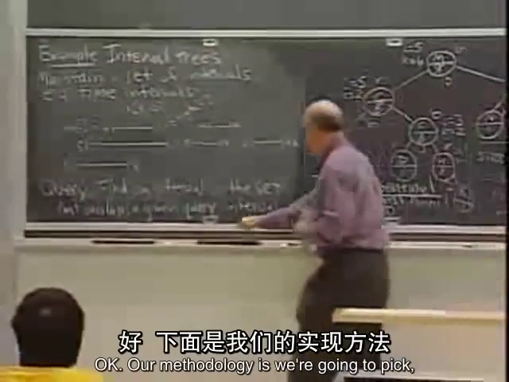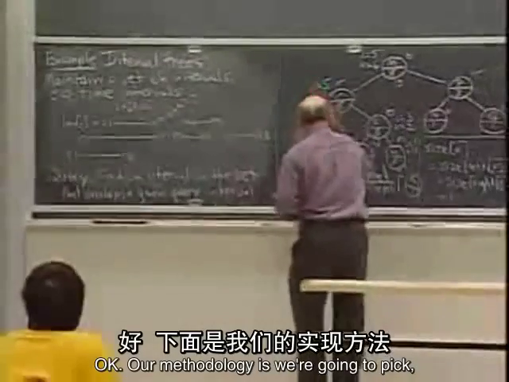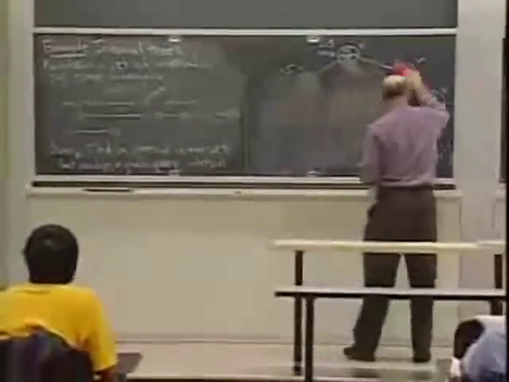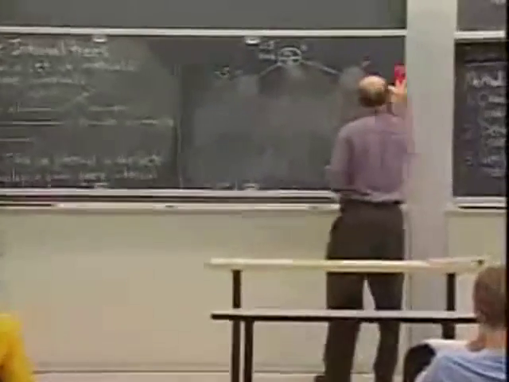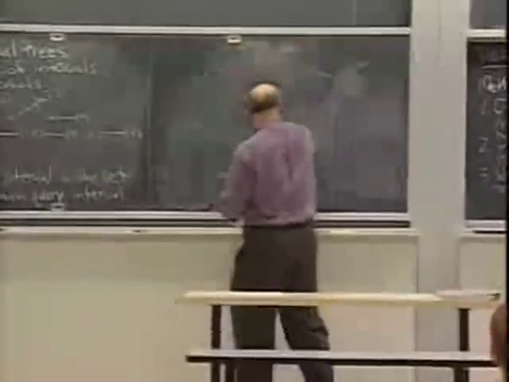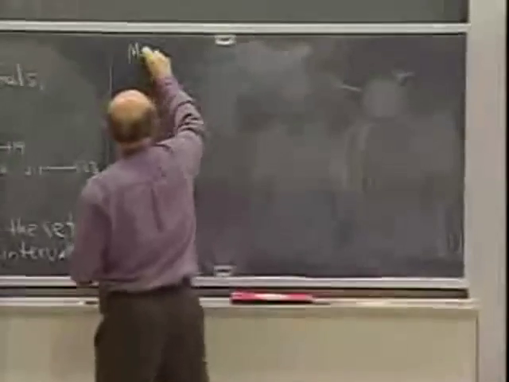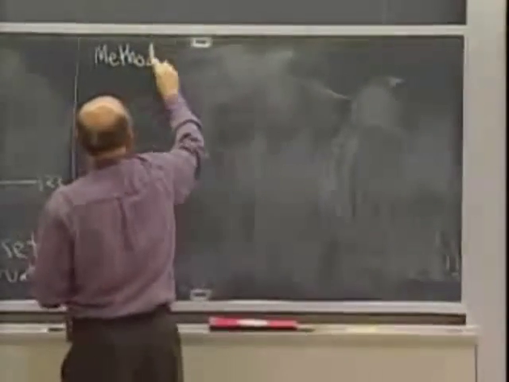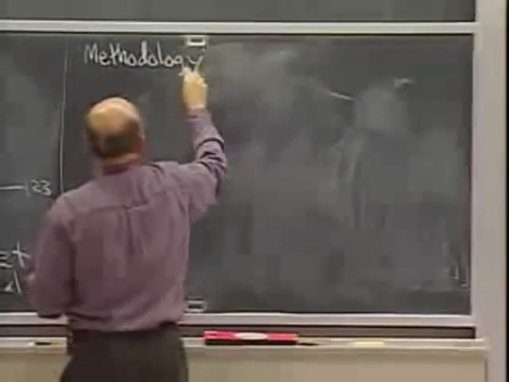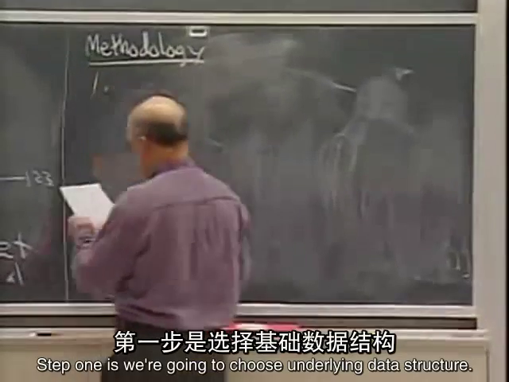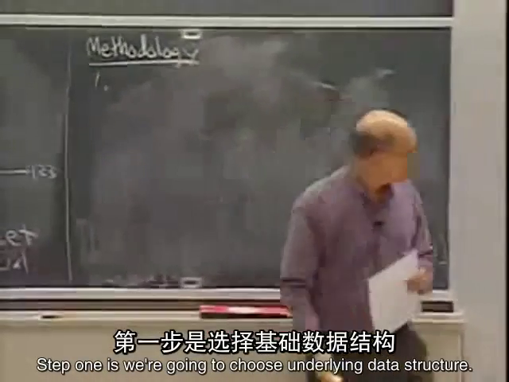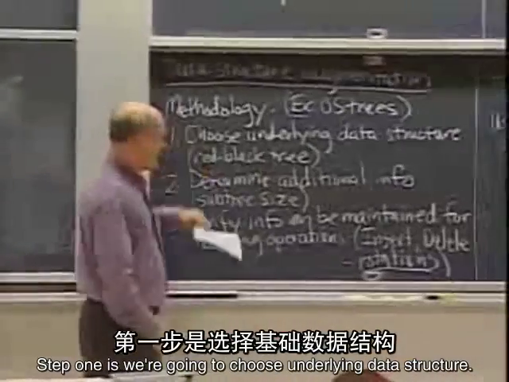Okay. So our methodology is we're going to pick, first of all, step 1. Here's our methodology. Okay, so step 1 is we're going to choose an underlying data structure.